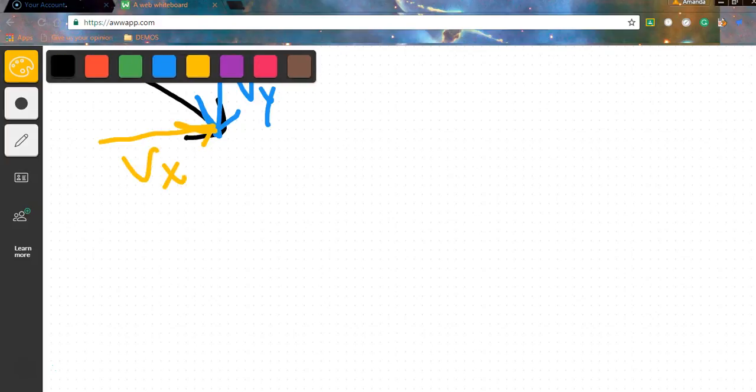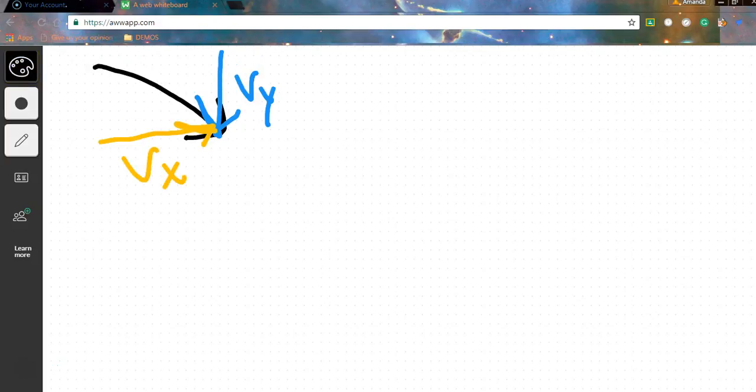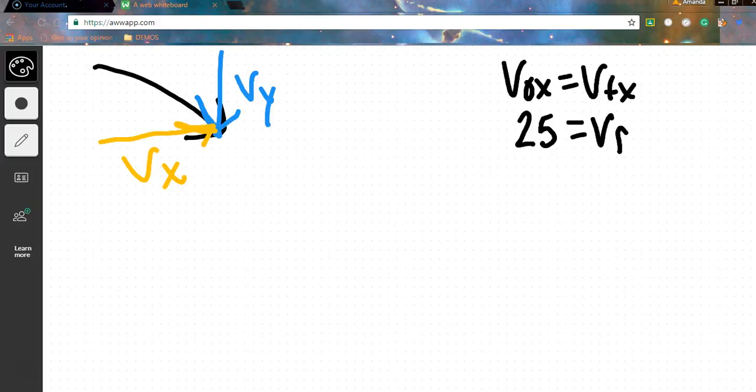According to what we know about projectiles, the x velocity is always constant, so v initial x is equal to v final x. For this problem, our v initial x was 25, so our v final x is also 25. So we have found one part of it. Now we're left with finding vy, and we need vy in order to find the final v total.